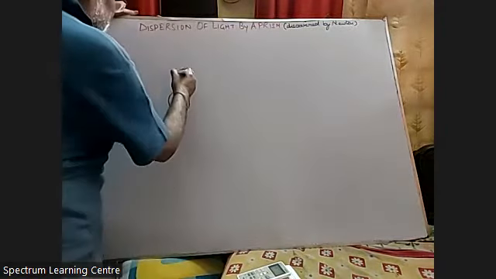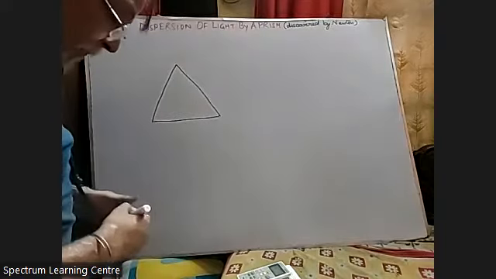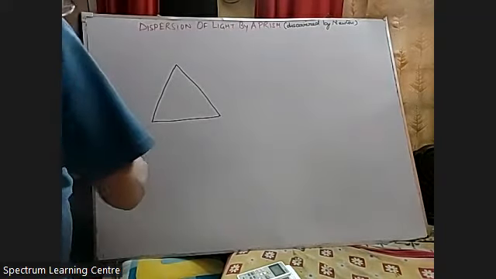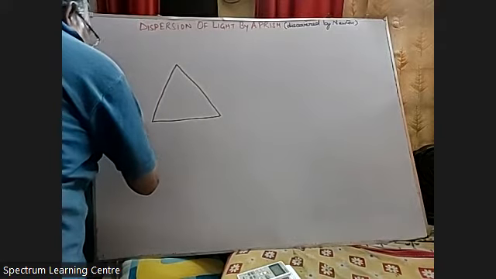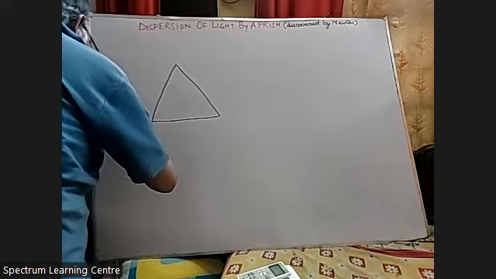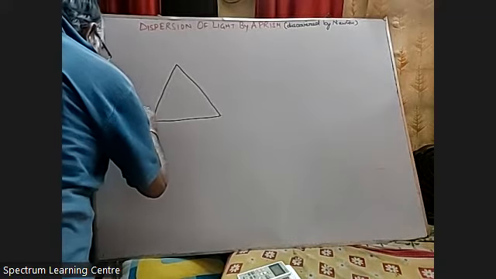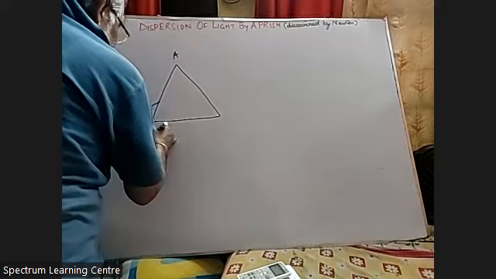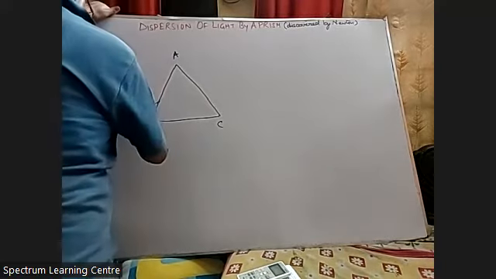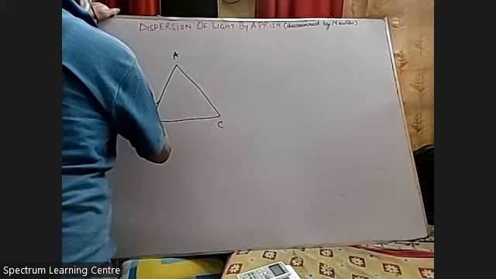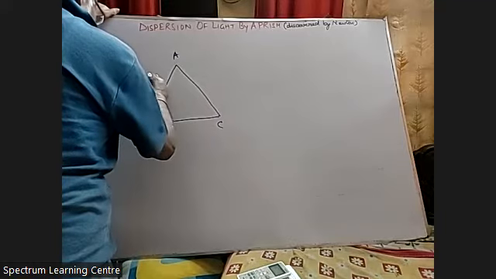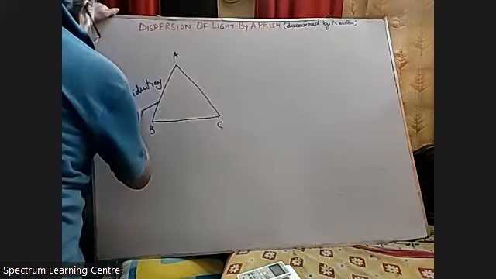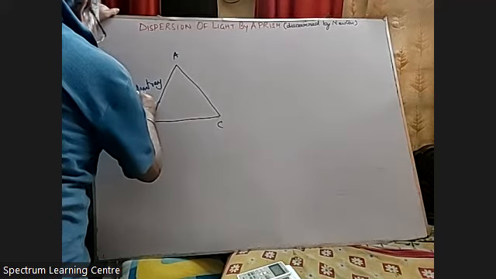What he did, Newton took a prism like this, ABC, and from a small hole, he allowed a ray of white light, this is an incident ray of white light.